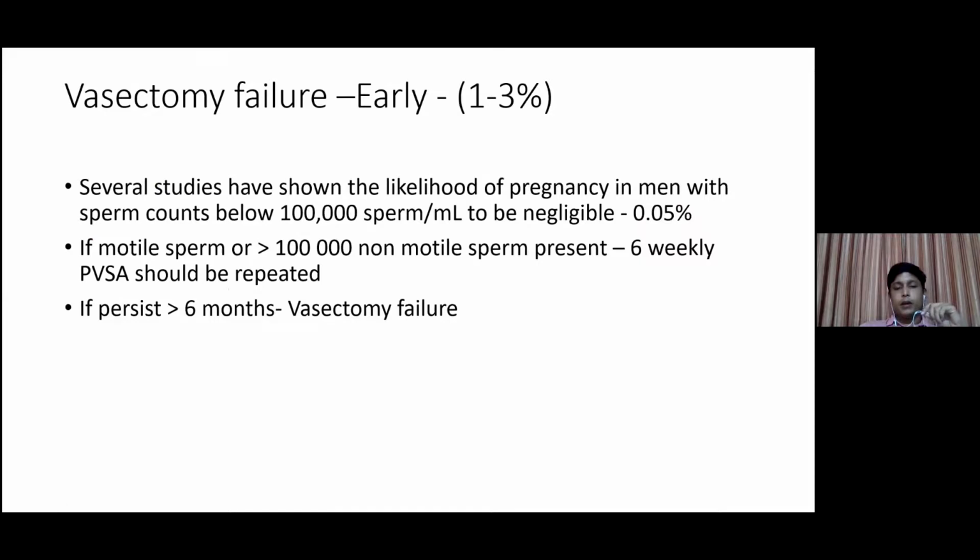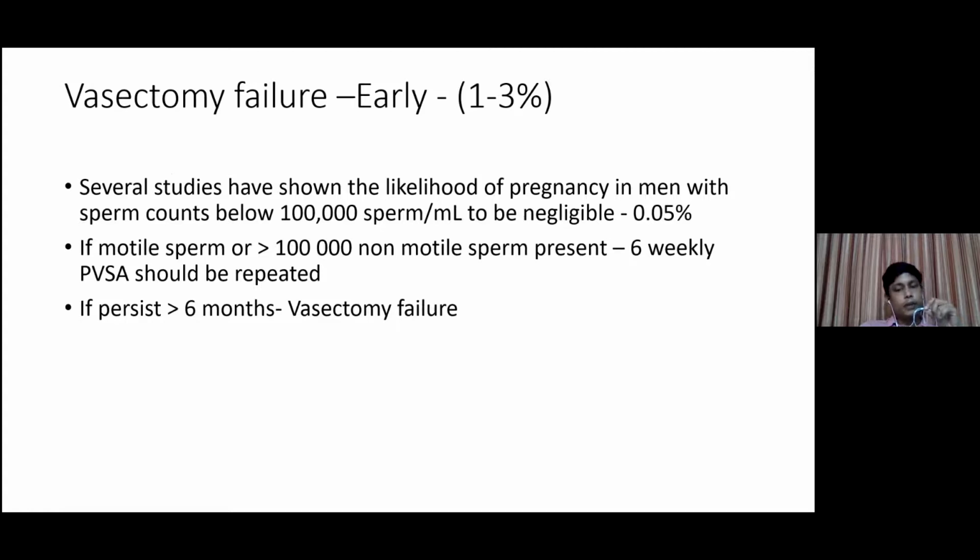Vasectomy failure, of course, we can divide into early failure and late failure. Early failure is 1 to 3%. Several studies have shown that men with sperm counts below 1,000 are negligible risk. But when motile sperm is present, or more than 100,000 non-motile sperm is present after 3 months, we have to consider that they are still fertile.